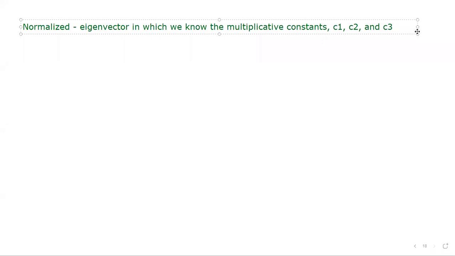Or C1, C2, or C3, because each vector will only have one of them. So it's normalized, we know what that constant is out front.